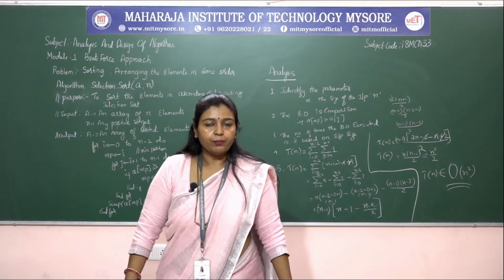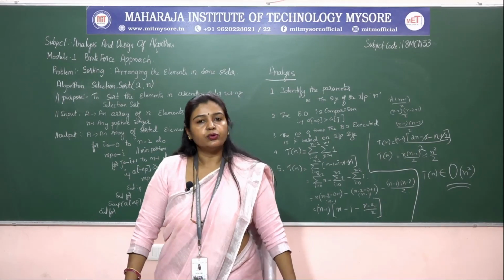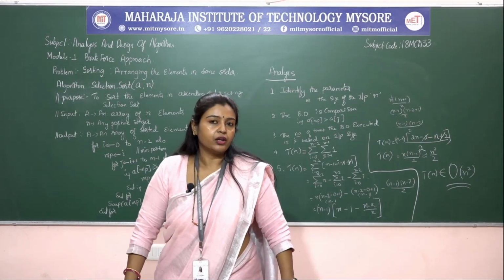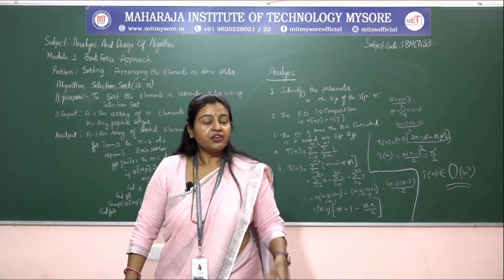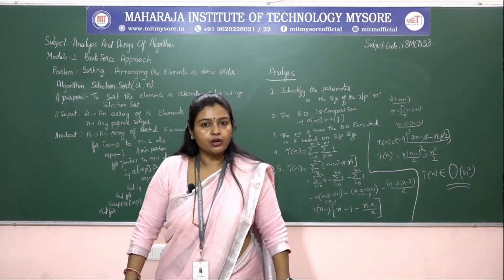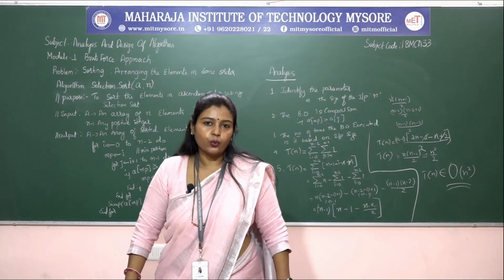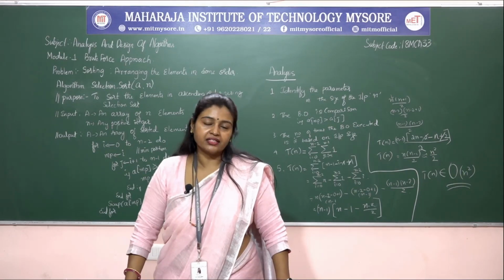So your T of n belongs to big O of n square. Okay, so this is about the analysis of your algorithm, that is nothing but calculating the time efficiency for the algorithm. Therefore, what is the time efficiency for your selection sort? That is nothing but n square times. So T of n belongs to big O of n square.